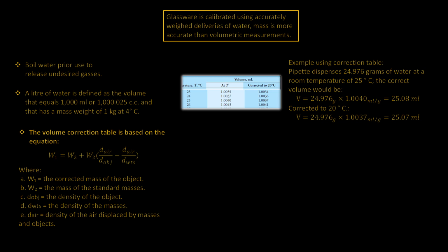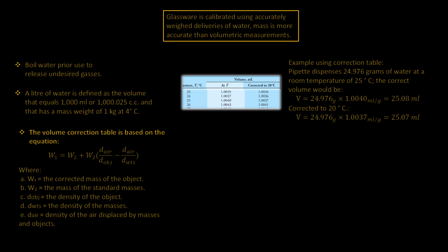Now using the correction value to correct the volume to 20 degrees centigrade, the factor given for 20 degrees centigrade is 1.0037. Therefore, multiplying this value by the mass weight of the water, the volume would be 25.07 milliliters.